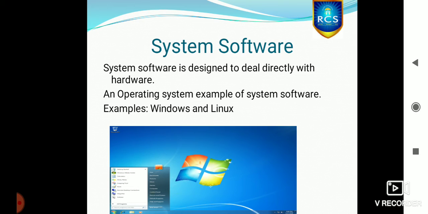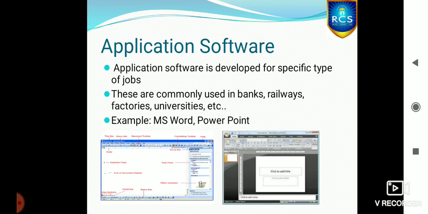System software is designed to deal directly with hardware. An operating system is an example of system software. Examples of system software are Windows, Linux and Mac OS.